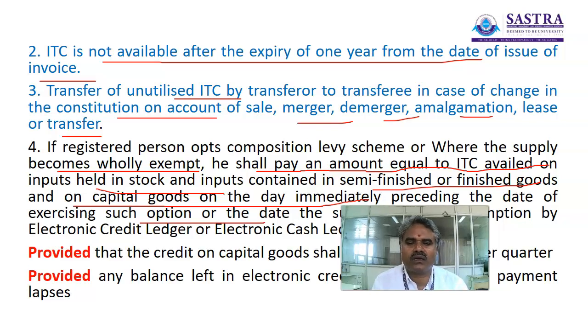Even though you opt for composition levy, you have some stock, machinery, or finished and semi-finished goods, so here you can claim ITC because you paid input tax for that product earlier. But here you have to reduce 5% every quarter. The balance left in the electronic credit ledger, credit balance after the payment, is provided. That is very, very important.